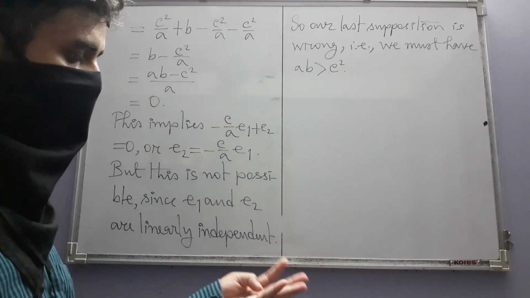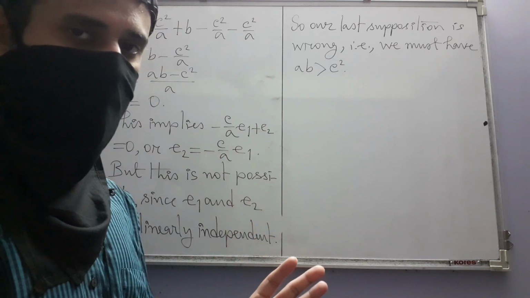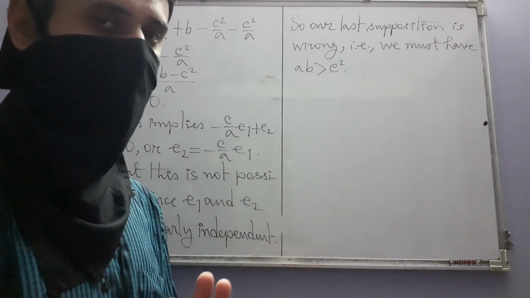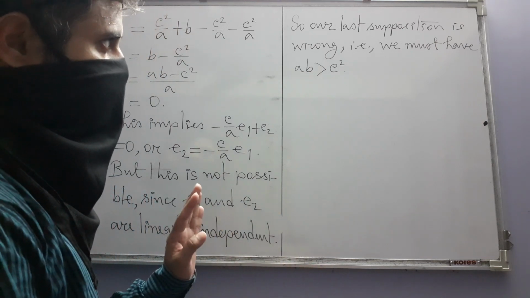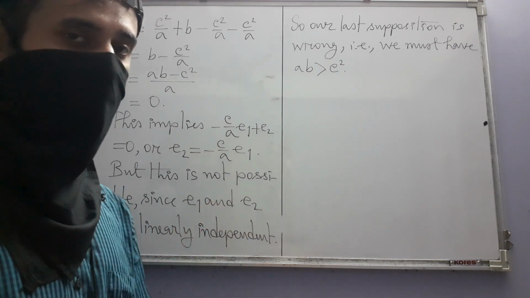Okay, so far what are the things on A, B, C and D? A and B are positive, C is equal to D, and AB is strictly greater than C square. And that's it. Now we have to do the converse.